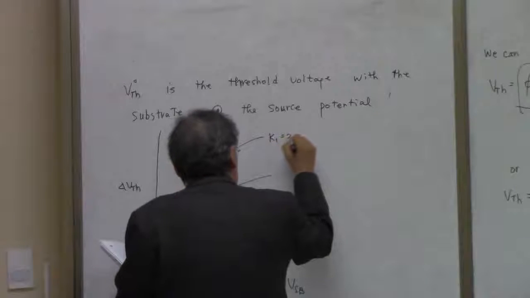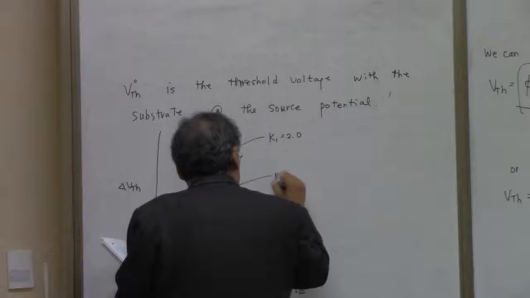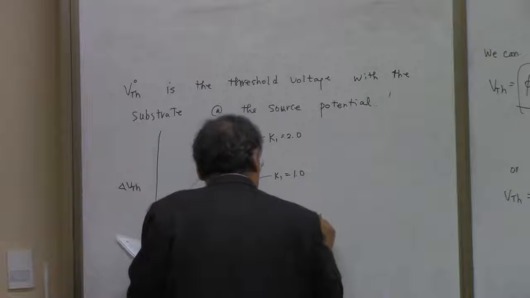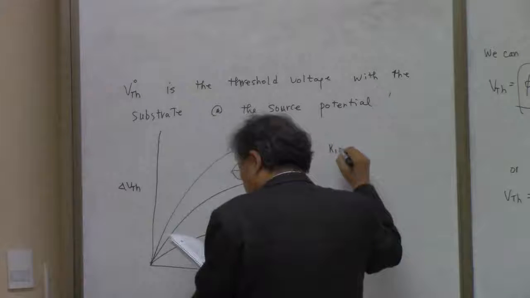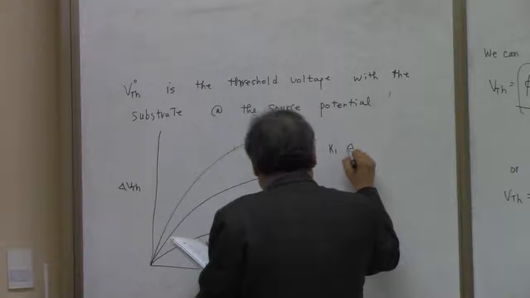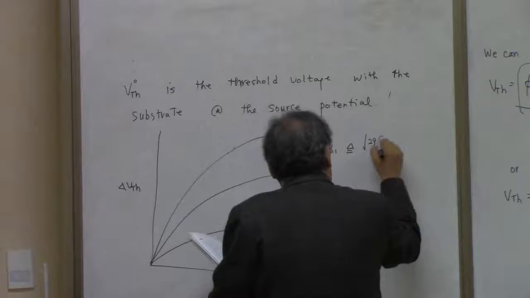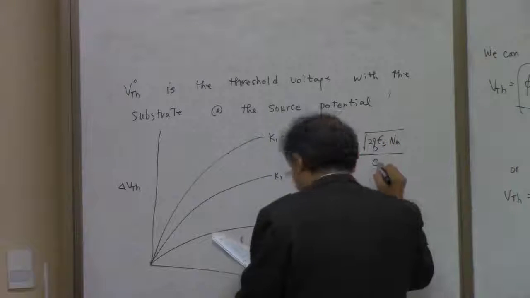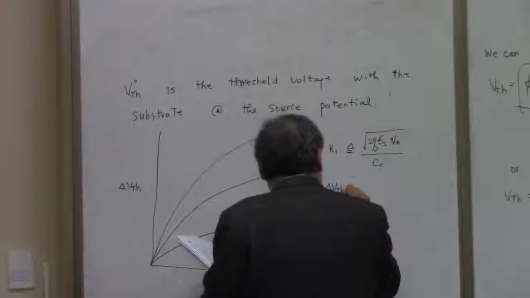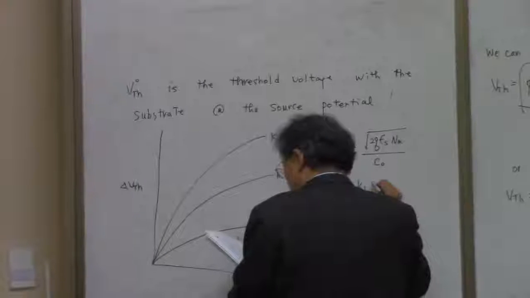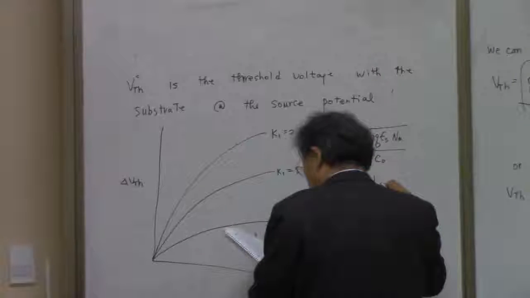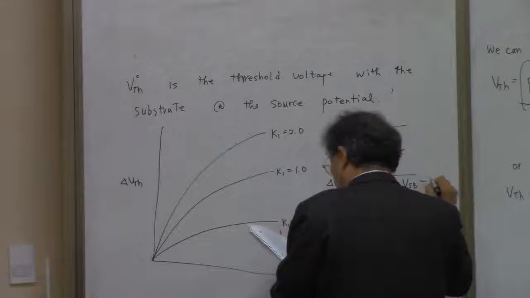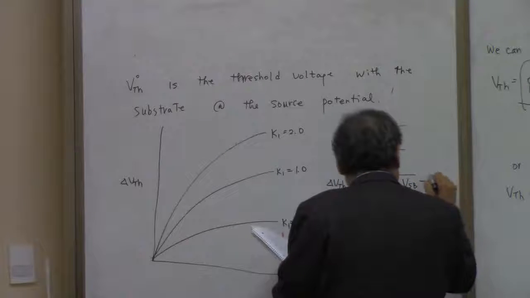K1 is equal to 2.0, and K1 is equal to 1.0, and K1 is equal to 0.25, where K1 is square root of 2q epsilon Na over C naught, and delta VTH is going to be K1 times the square root of 2 phi f plus V sub SB minus the square root of 2 phi f. Okay?